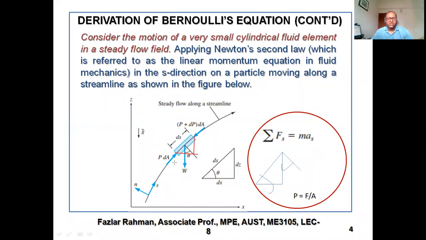This distance from here to here is obviously dx, and the distance from here to here is dz. This is dx and this is dz right over here. And along the streamline, it travels a distance ds. So this is the ds. Now, how is this angle theta coming? This one is theta. Okay, I will try to explain it in the next figure.